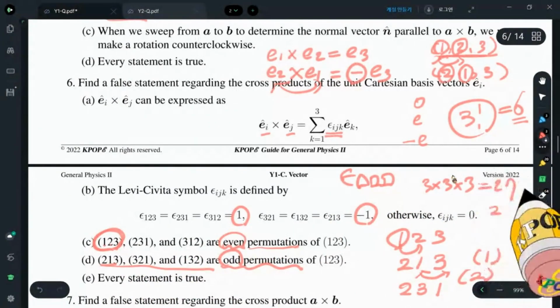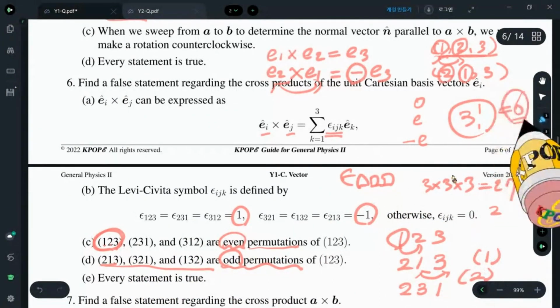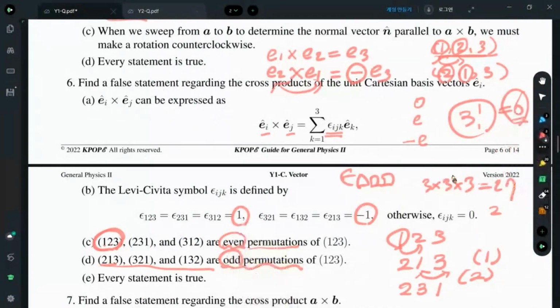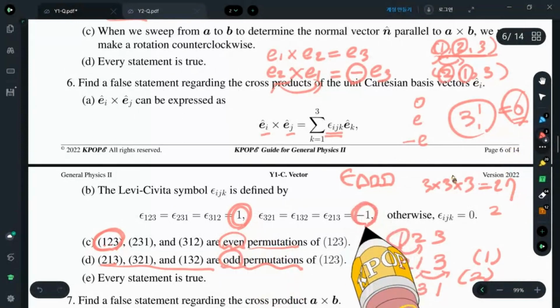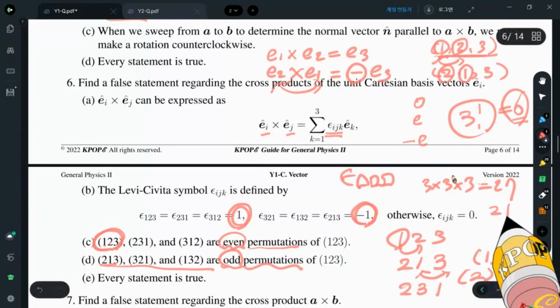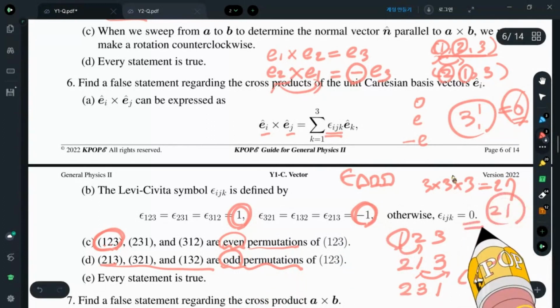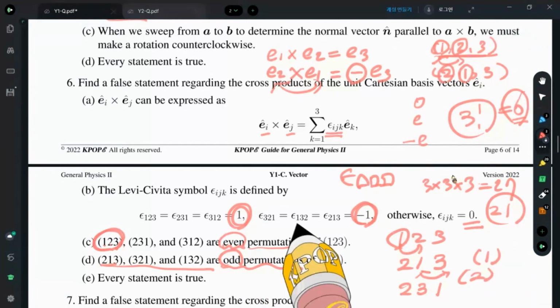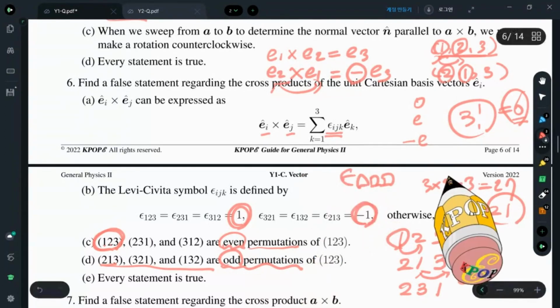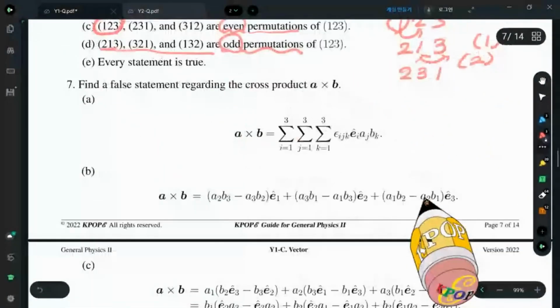So among 27 cases, only 6 have a non-zero value. Among them, 3 have a simple +1 value, and 3 cases have -1, and in the remaining 21 cases, everything else becomes 0. So if you see this for the first time, it looks very complicated, but it is actually a very simple calculation.